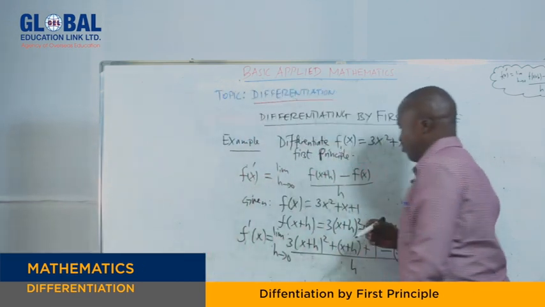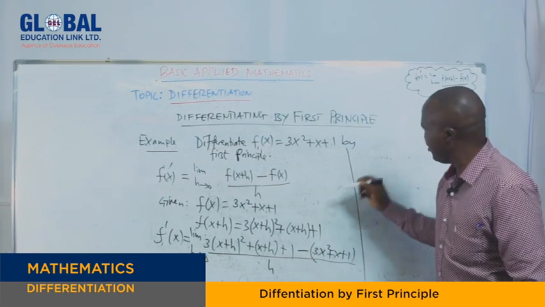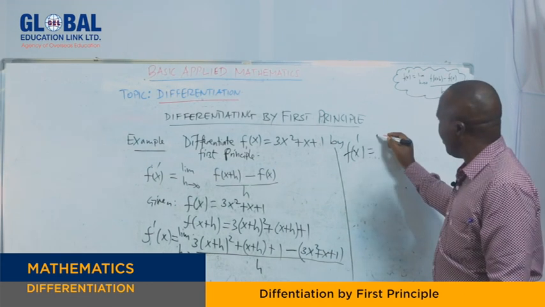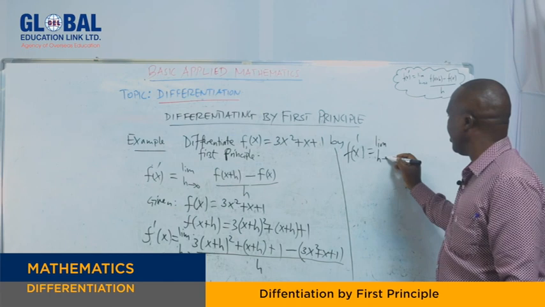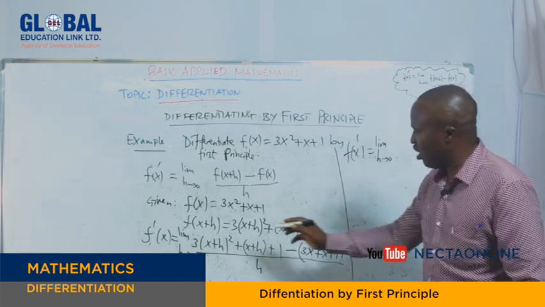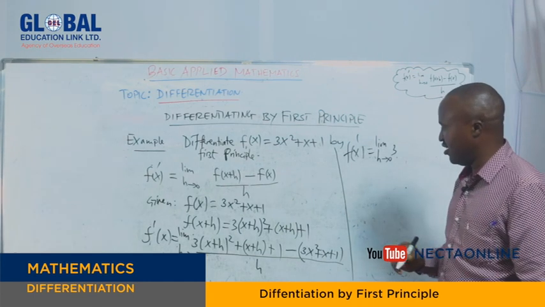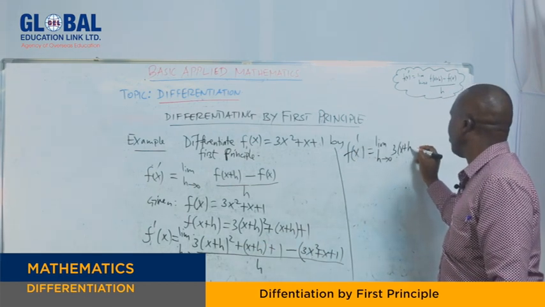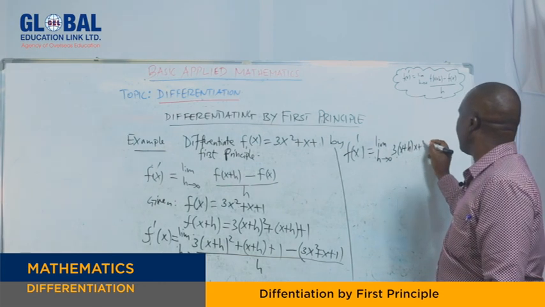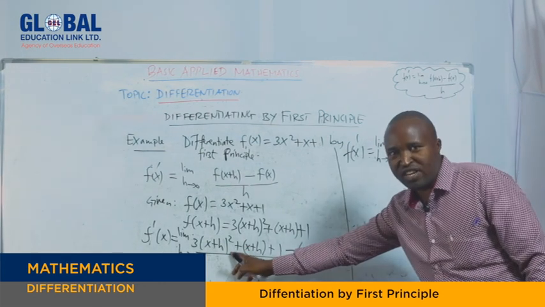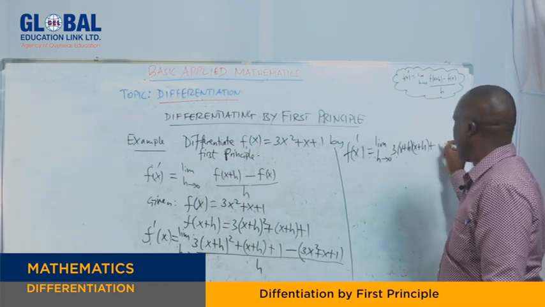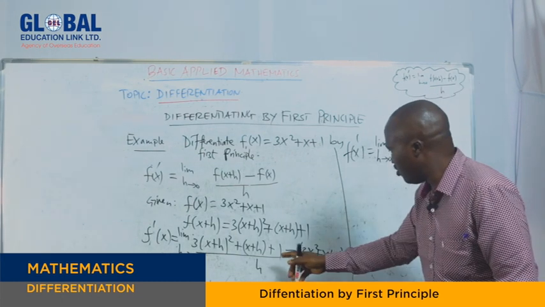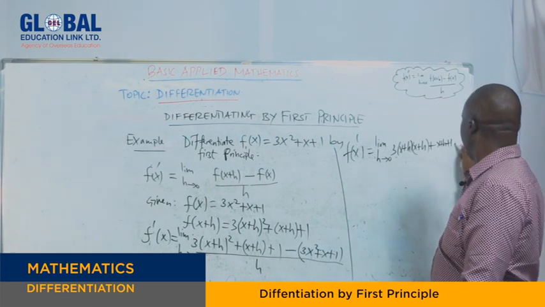That is, f of x dash is equal to the limit as h approaches 0, we are going to have 3, then we expand this one, is the same as x plus h, then again x plus h, because it is squared, then plus x plus h, then followed by 1, then minus.